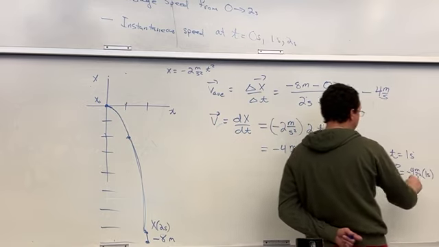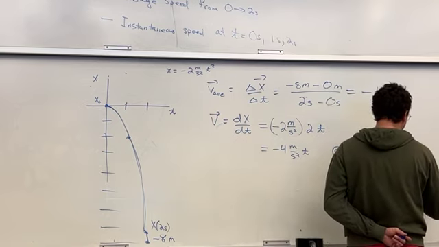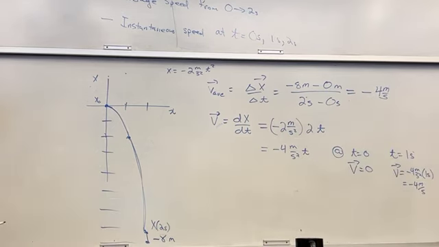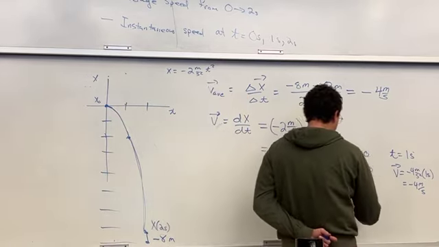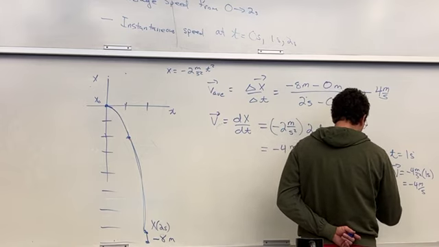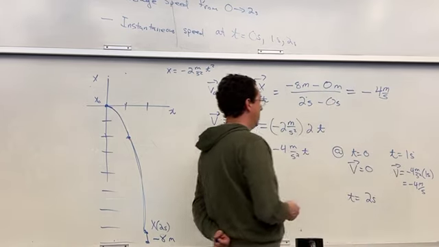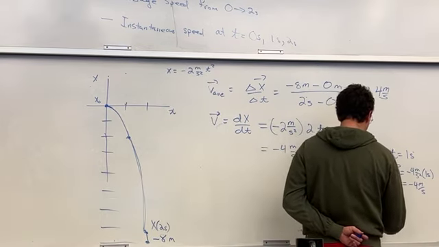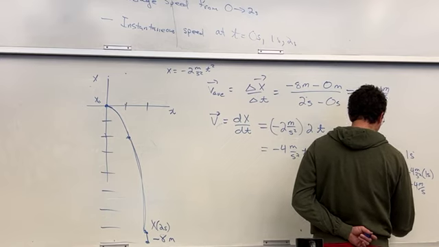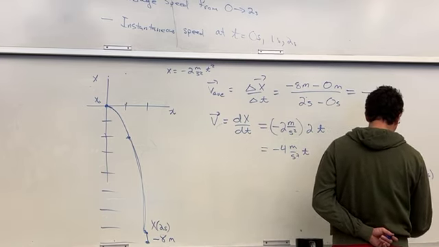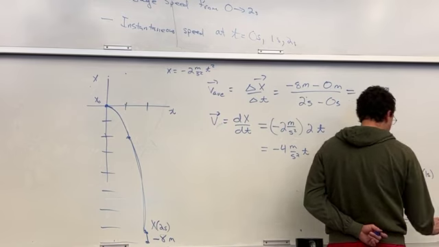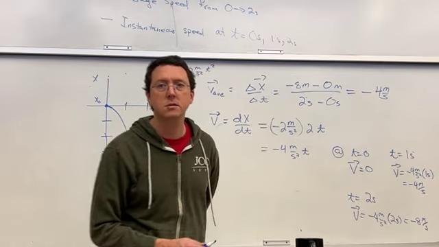The units clean up, and I get -4 meters per second. And then what about t equals 2 seconds? Well, that's going to tell me that the velocity at 2 seconds is -4 meters per second squared times 2 seconds, otherwise known as -8 meters per second. That's all visible. Yes? Okay, good.